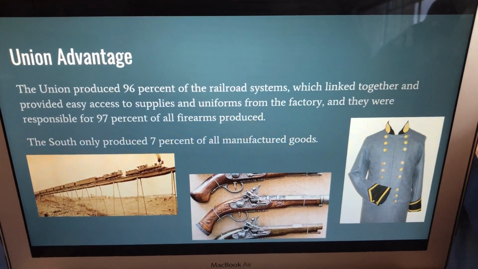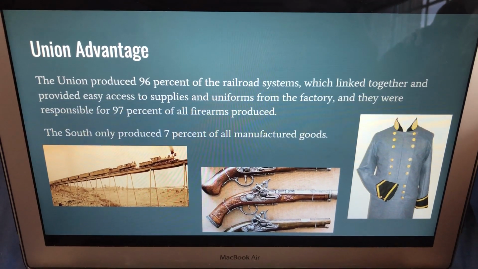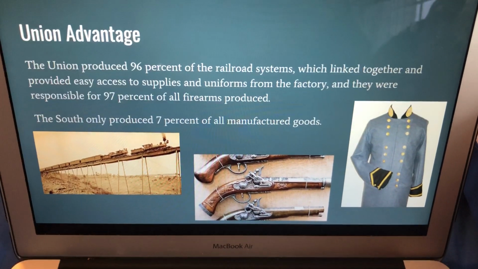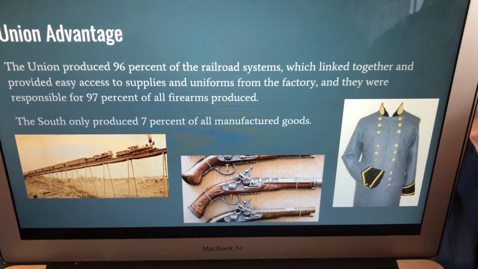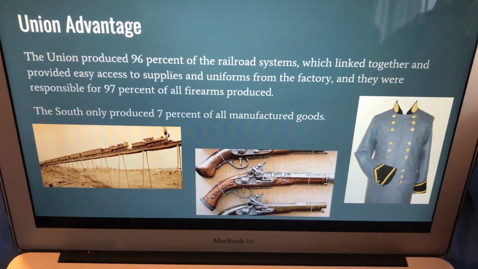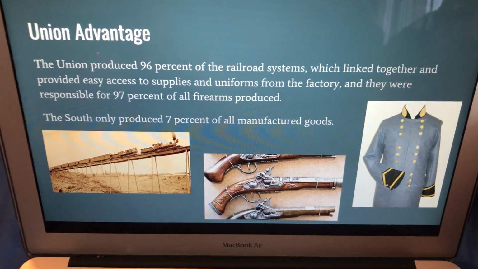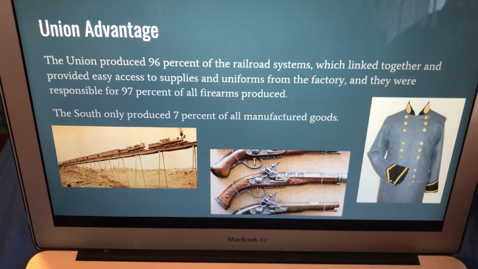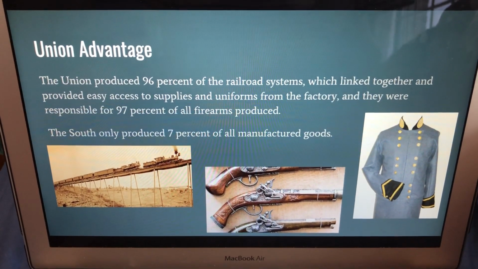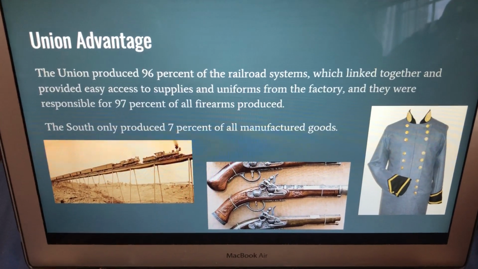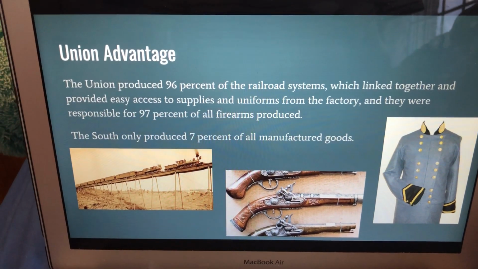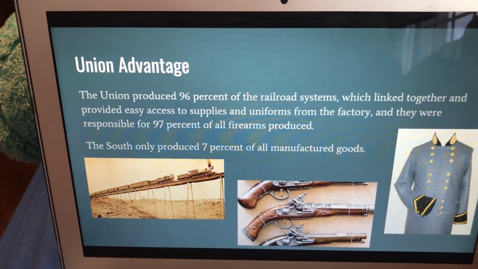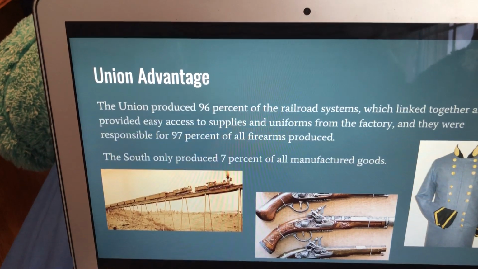They also were responsible for 97% of all firearms produced. So any firearm basically went to the Union because they produced it. The South was only responsible for producing 7% of all manufactured goods. 7% compared to 96 and 97 is obviously not a lot. So the Confederacy was at a huge disadvantage with this.